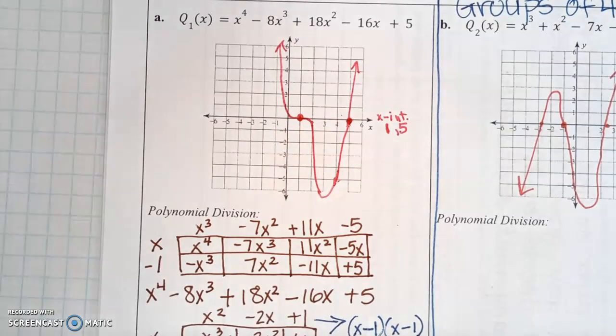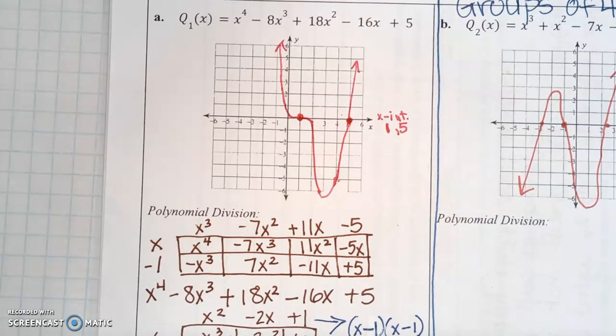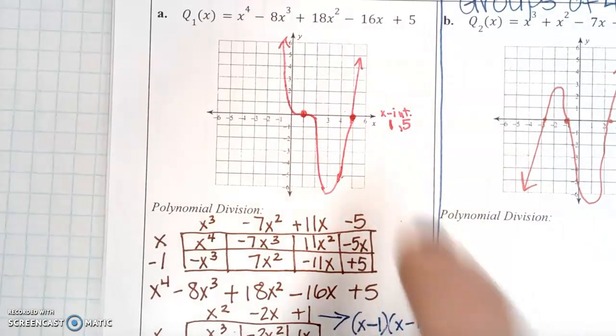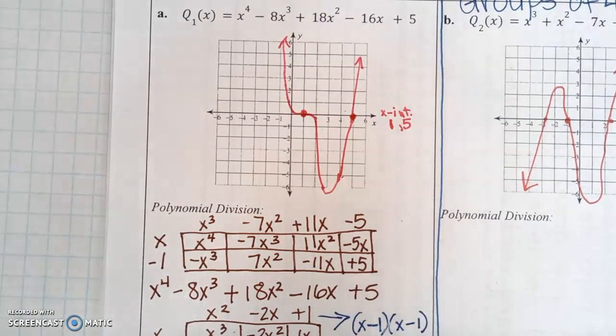But it's doing something interesting right here at 1, 0. It flattens out. Flattening out means it's going to be what? Bouncing off means double root, so it'll be second power. That flattens out like it does right there means what? Triple root. Okay? So they're all real rational roots.